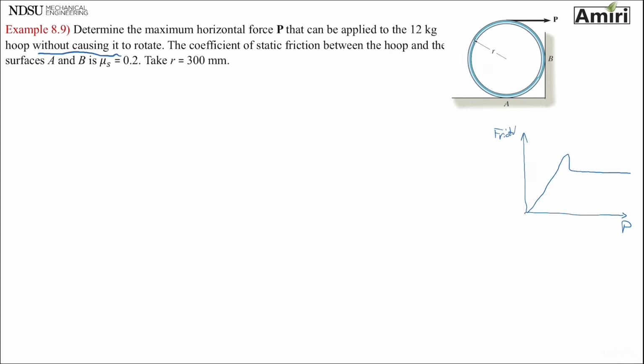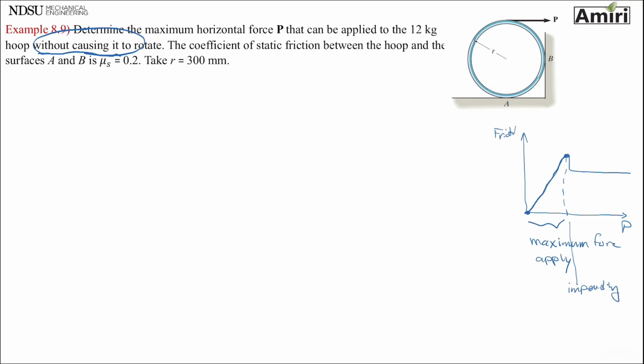Friction. I start from 0, I increase the force P, I reach this point. This is the maximum force that I can apply without causing it to rotate. Why? Because this is impending motion. Nothing is moving.